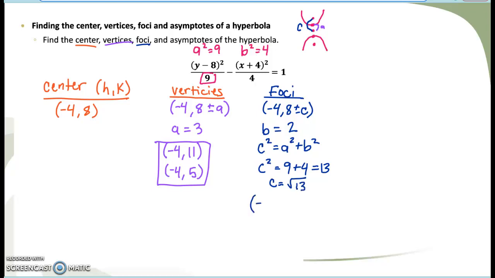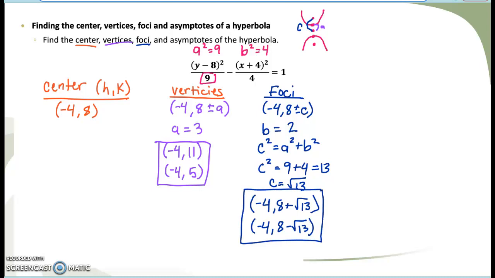So my two foci are at (-4, 8 plus the square root of 13) and also at (-4, 8 minus the square root of 13). There are those two points.